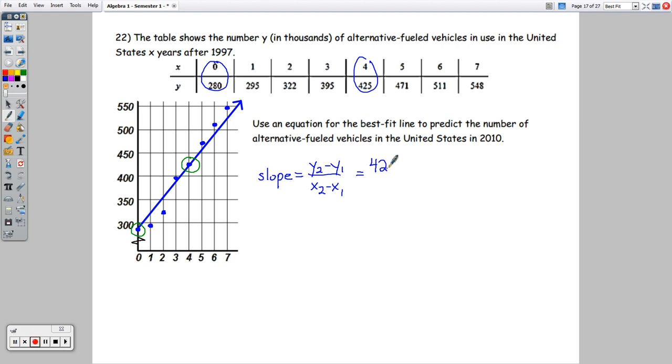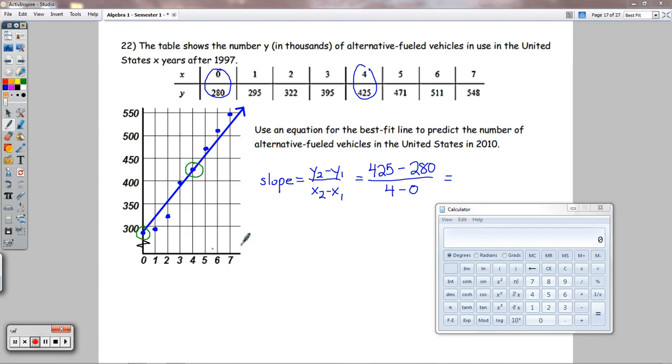So 425 minus 280 over 4 minus 0. I'm going to need to get my calculator out here a second.